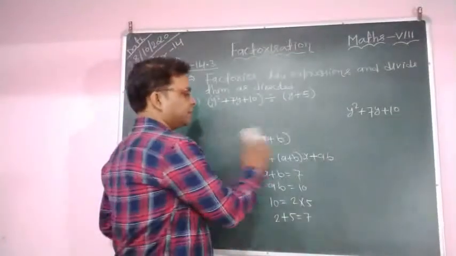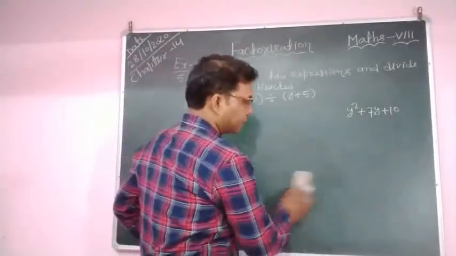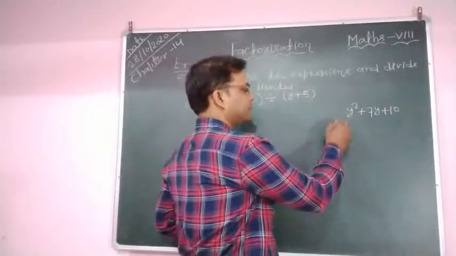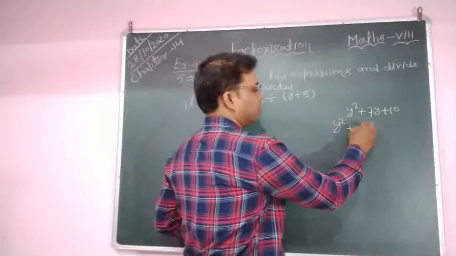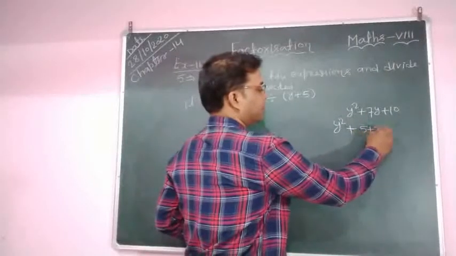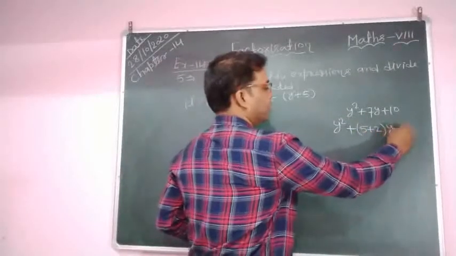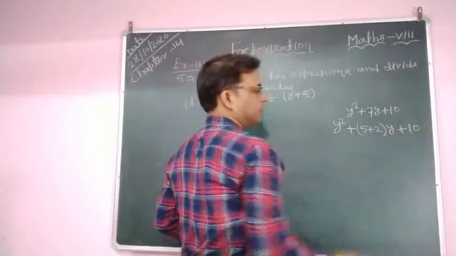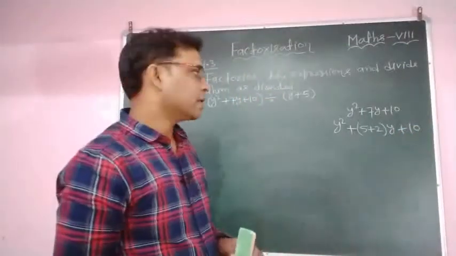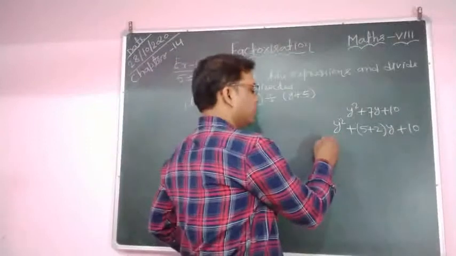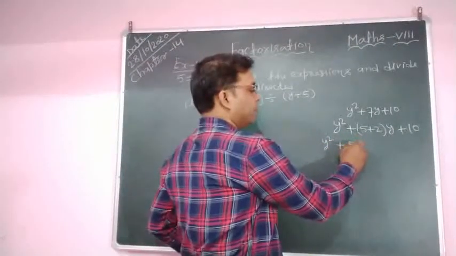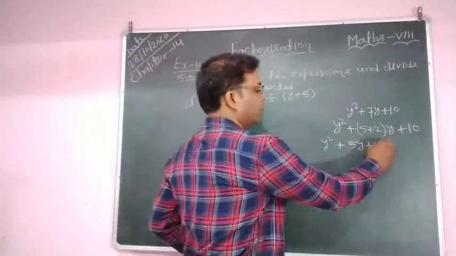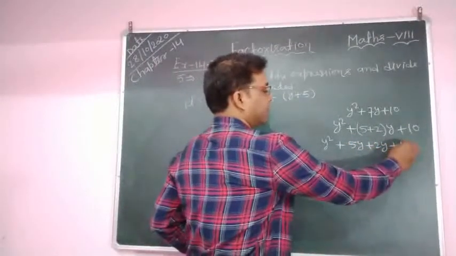So you can write like this: y square plus 7y plus 10 is equal to y square plus 5 plus 2 into y plus 10. When you open this bracket, then you obtain y square plus 5y plus 2y plus 10.